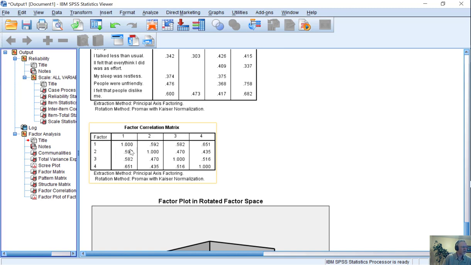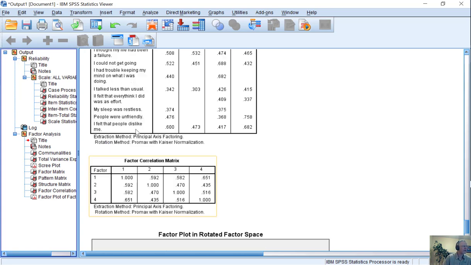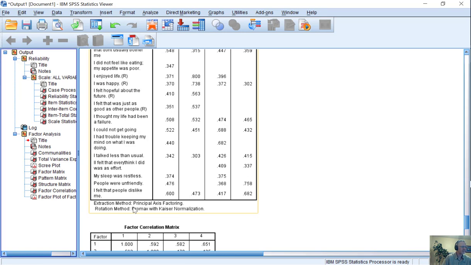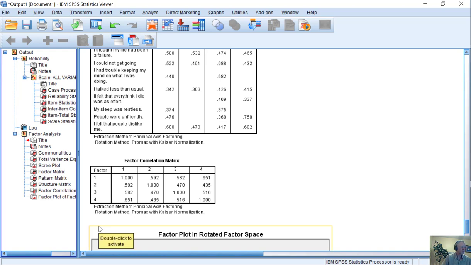If we go down to this factor correlation matrix, it's basically saying here we have four factors. It went ahead and it basically used this structure matrix to compute correlations. I'm not actually sure.